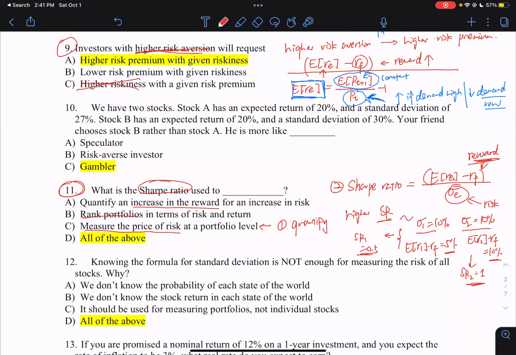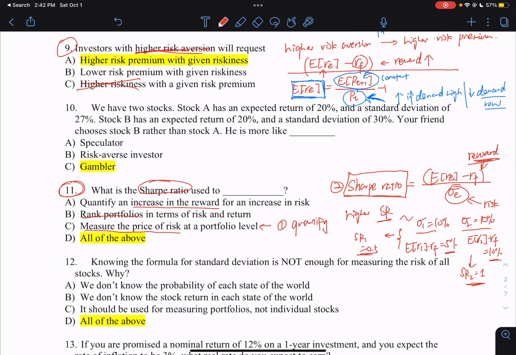In other words, for the same amount of risk that you are taking, you get more reward from portfolio 2, which means the reward and risk trade-off is better if you hold portfolio 2. So this is basically what the Sharpe ratio is used to capture or measure. It's about how much you get when you take some risk.